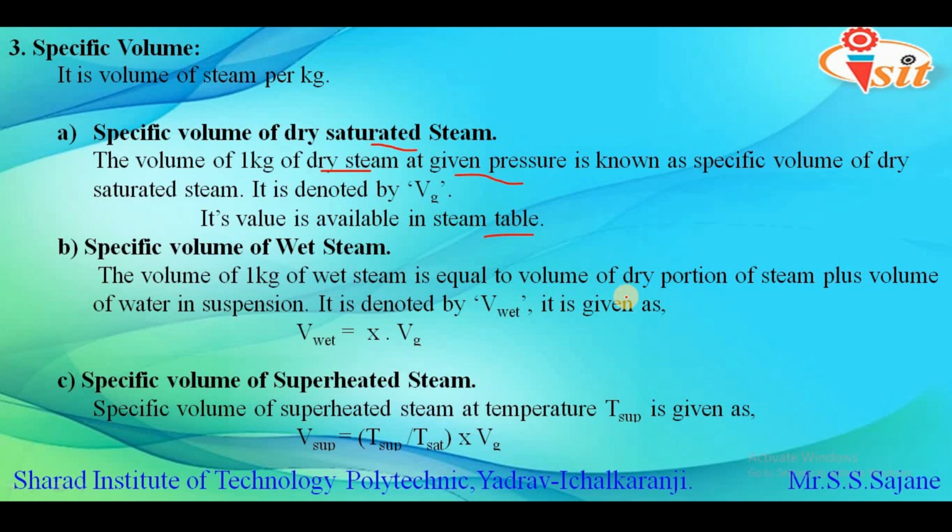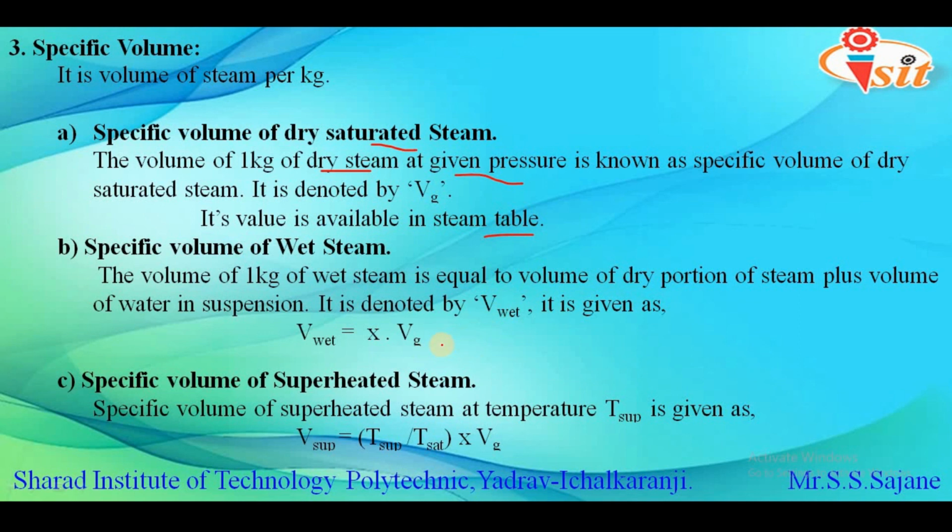We take the summation of both these volumes and get the specific volume of wet steam. It is denoted by V_wet, and we can calculate it by using the formula V_wet = x × V_g, where x is the dryness fraction and the value of V_g we get from the steam table.